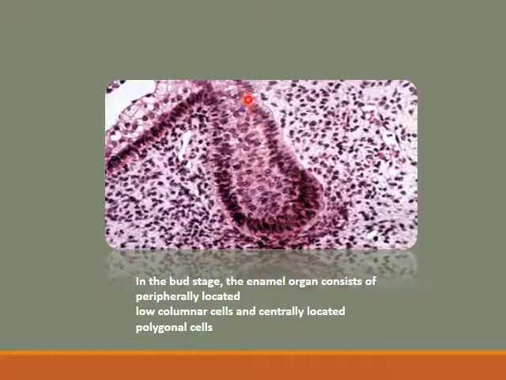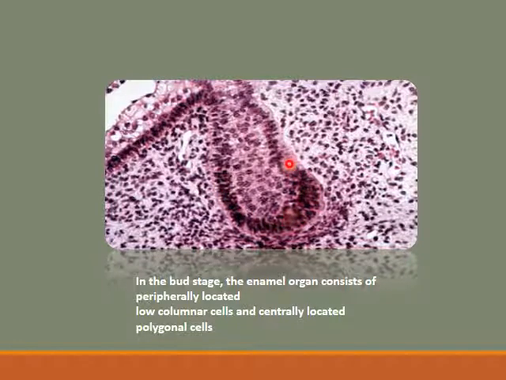This is a high magnification of the previous slide, also a histological slide. This represents the oral epithelium. This is the basal cell layer, thickening and forming the dental lamina here. The end of the dental lamina is the enamel organ.